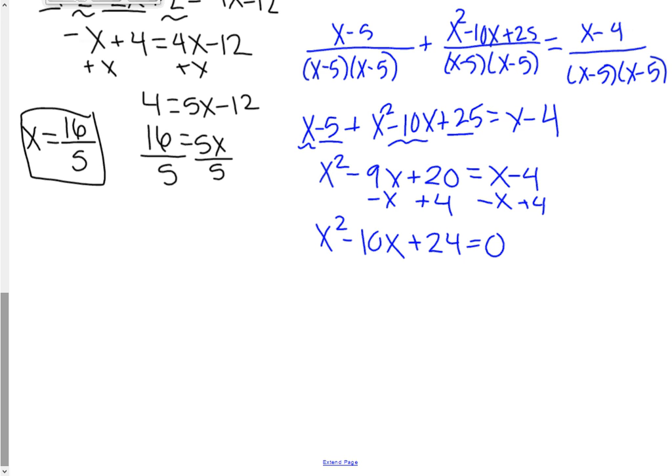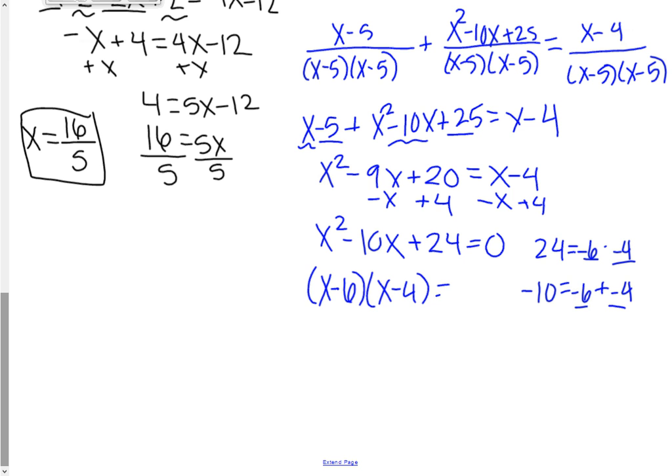Now I'm looking for two numbers that multiply to 24, and those two numbers need to add to negative 10. So I have negative 6 and negative 4. So that factors then to x minus 6 and x minus 4.